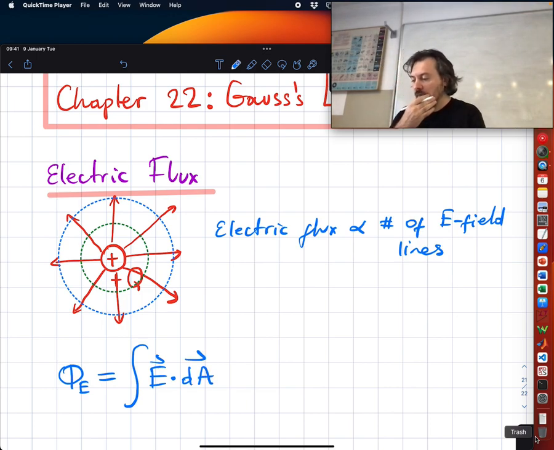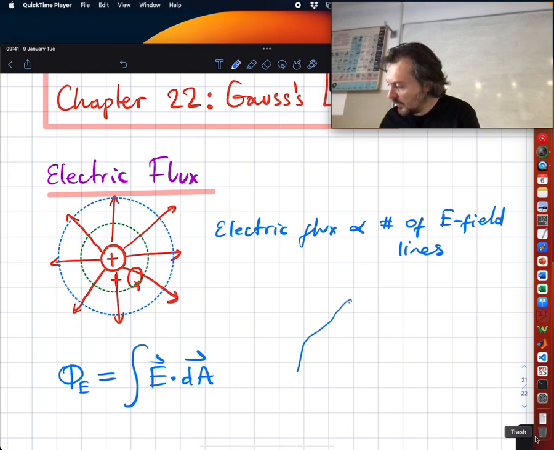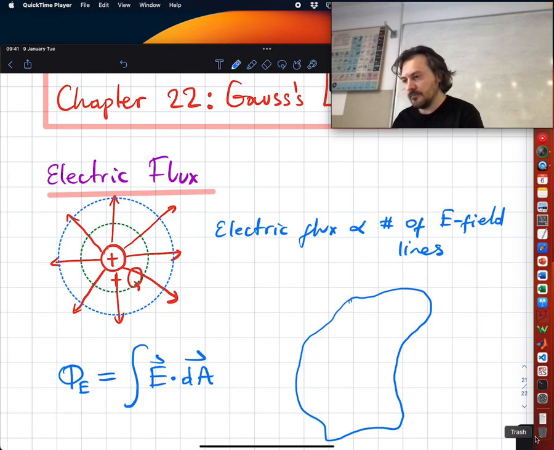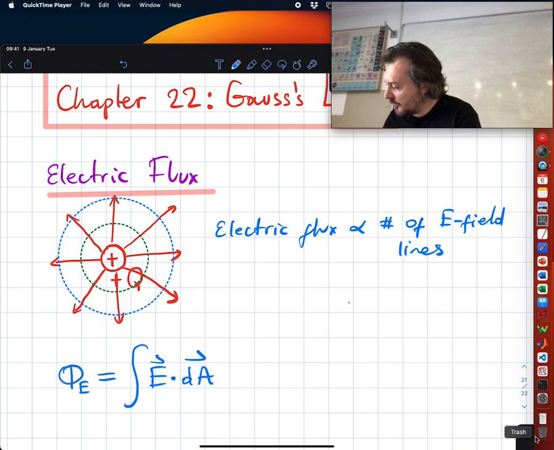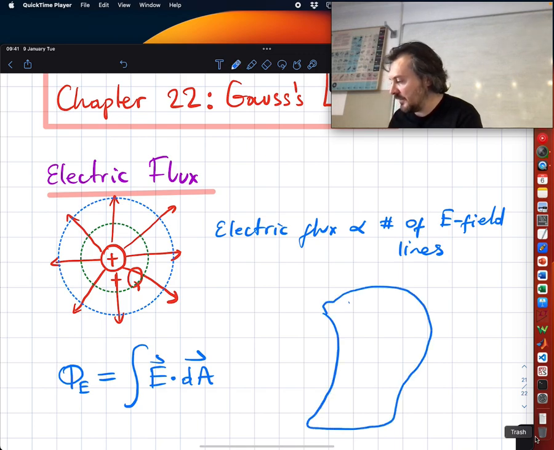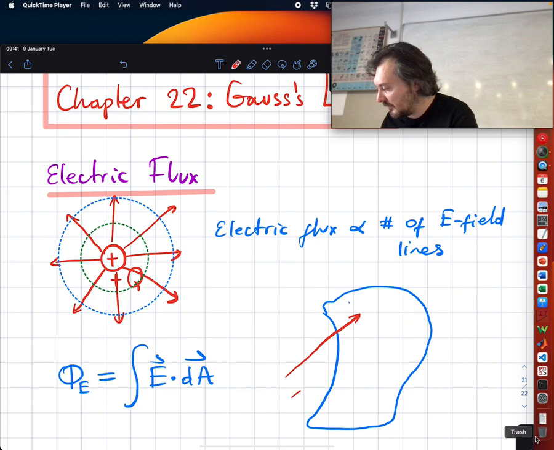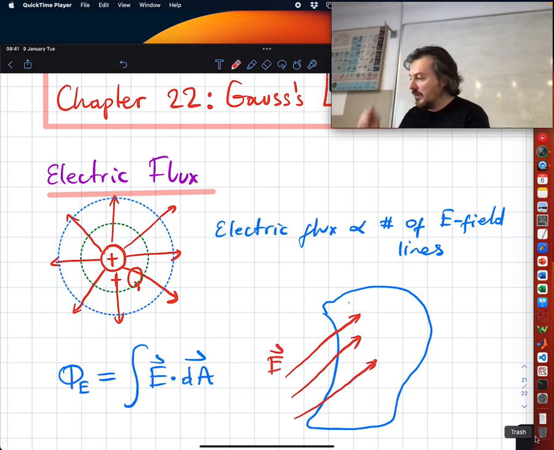Let's say you have a surface, a weird surface, right? Let's say the electric field comes in from here in this direction. This is the electric field.